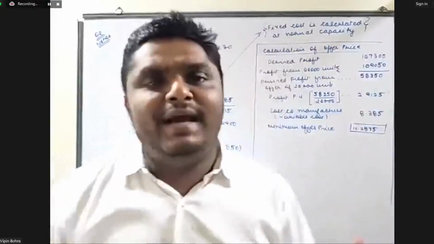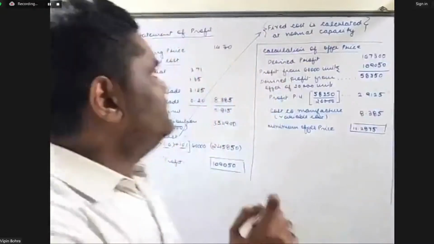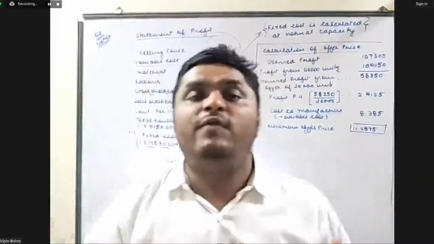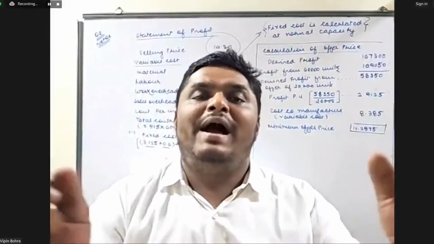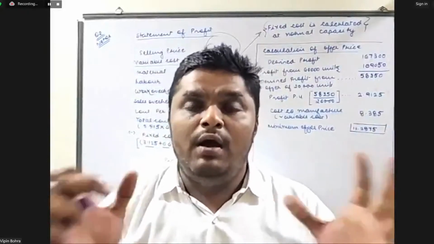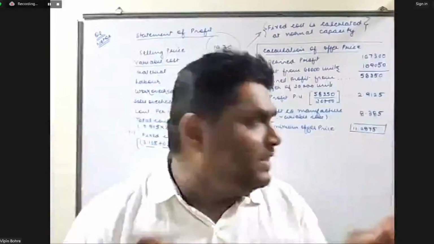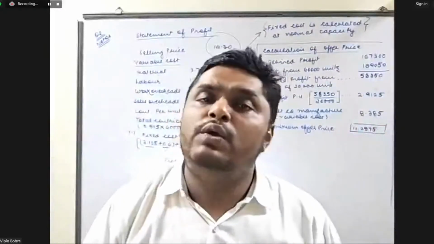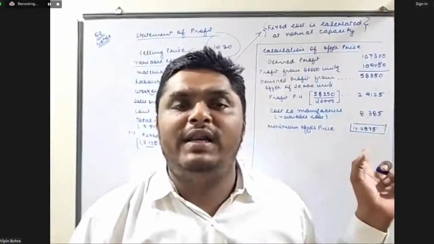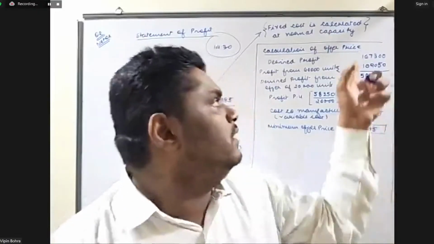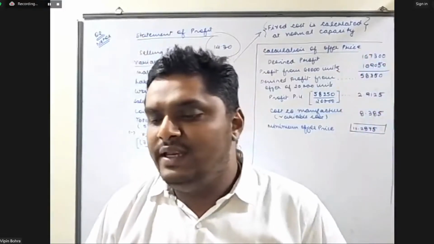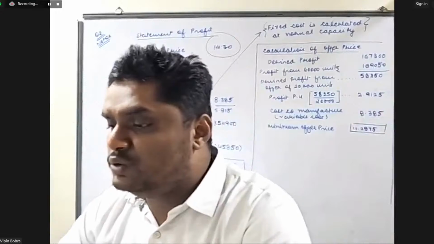So how do things work practically? The manufacturer will say that in the market I'm selling it for 14 rupees 30 paisa, I can sell it to you for 13 rupees. Somewhere there will be bargaining. But very important, the bargaining price should not be less than 11.2975. And if we accept this offer at 11.2975, we will earn an overall profit of 167,300. If you guys have any doubts in this part, please post your queries.